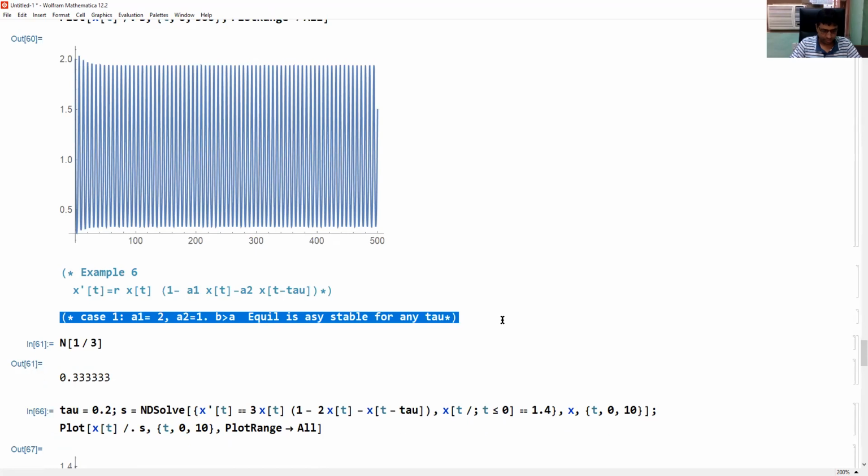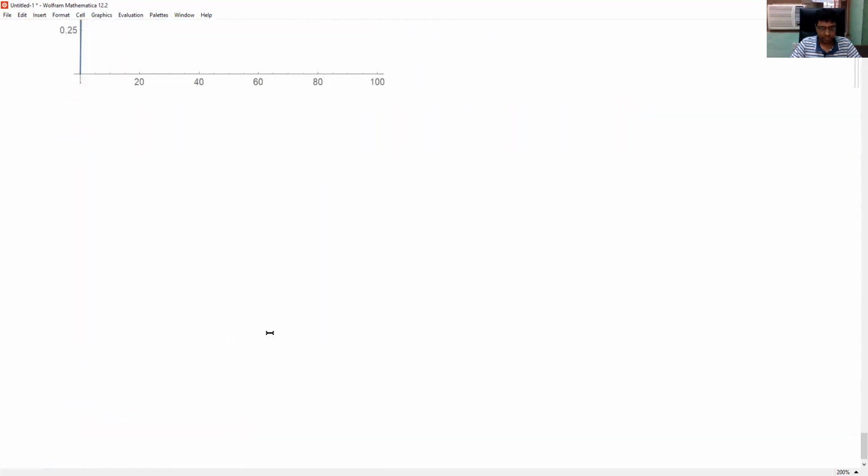Now case 2. We take A1 smaller than A2. So let us take A1 to be 2 and A2 to be 4.